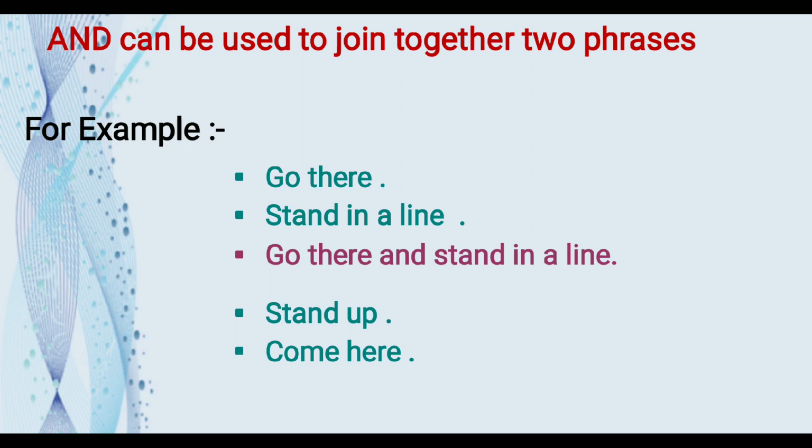So what will be the answer? Stand up and come here. Understand? So if two phrases are there and we want to join them, we can join them with and.